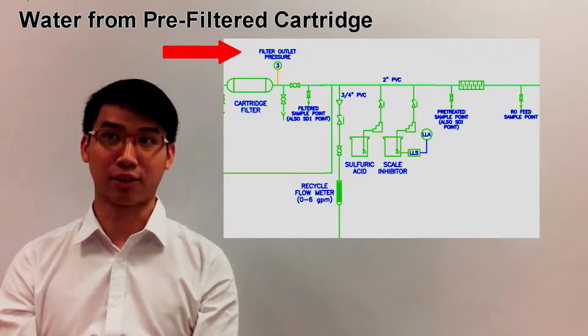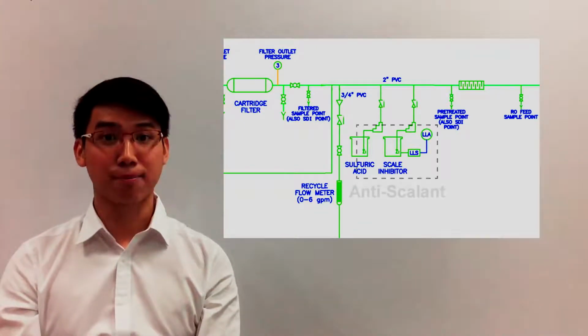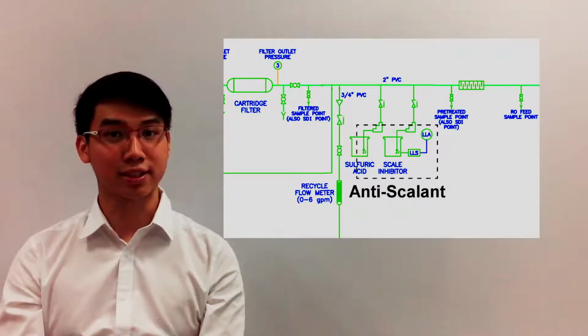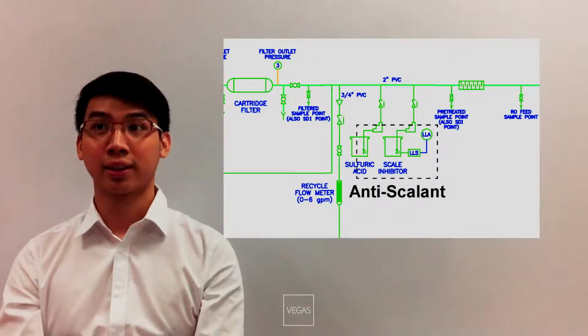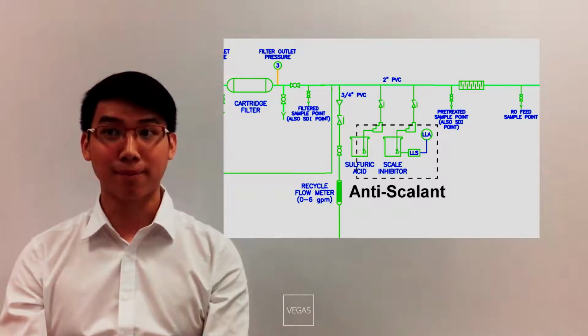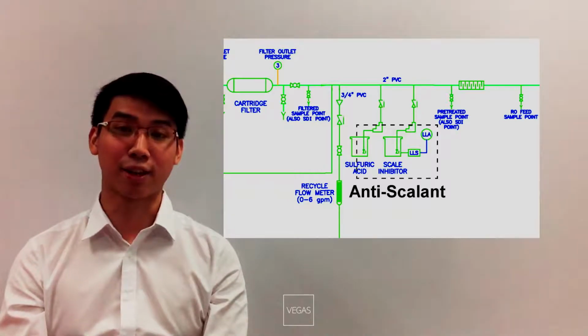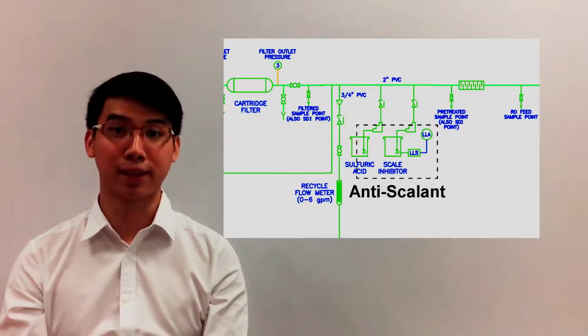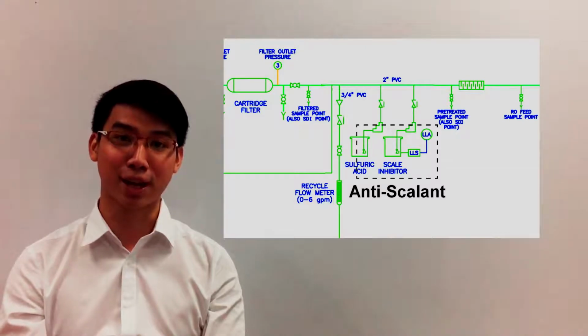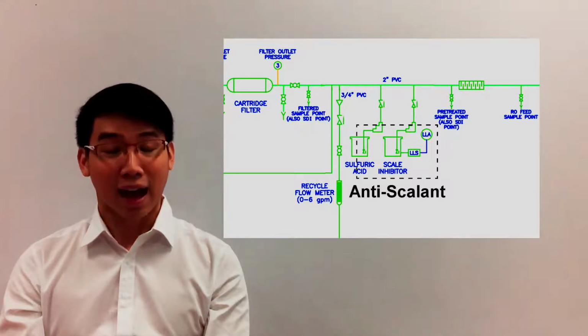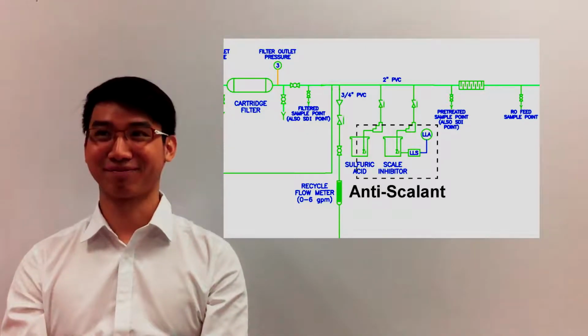Before the water enters the RO membrane stage, it is important to first apply some conditioning. The P&ID diagram shows that an anti-scalant pump is included in the pilot system for chemical dosing. The pump has a maximum capacity of 0.42 gallons per minute and a maximum operating pressure of 110 psig.